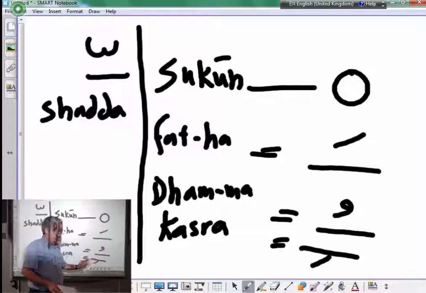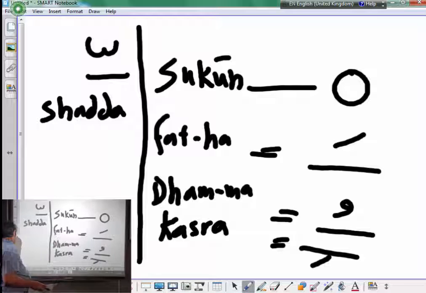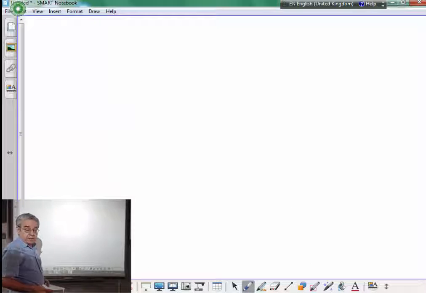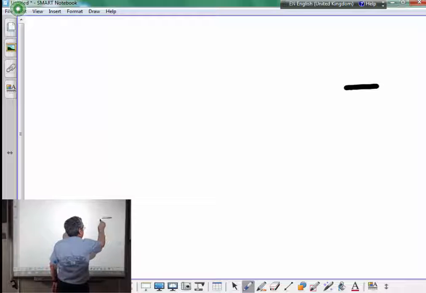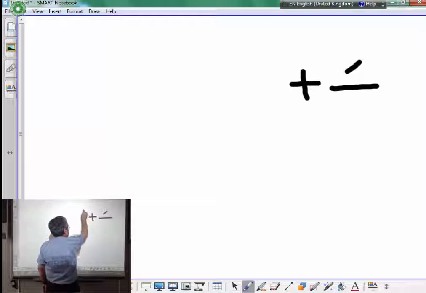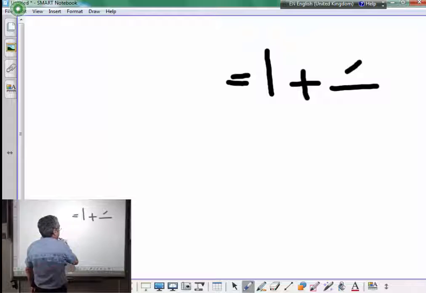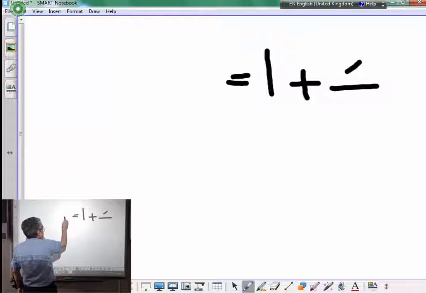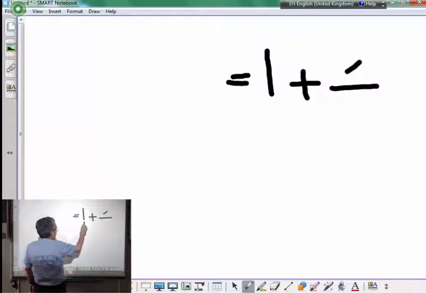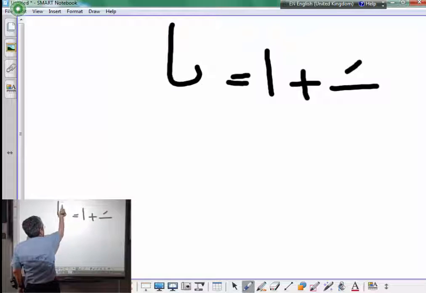In the meantime, we can look at the 3 long vowels. We had fatha and alif. That is like, for example, this is a, and maybe I can write words like nadir.